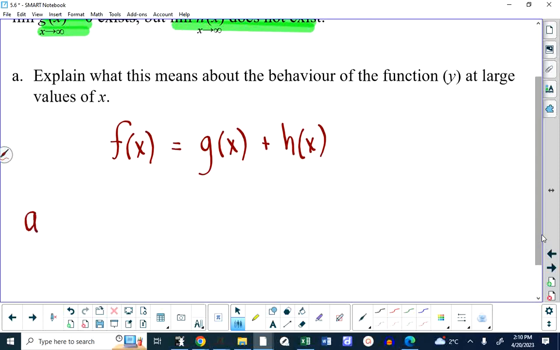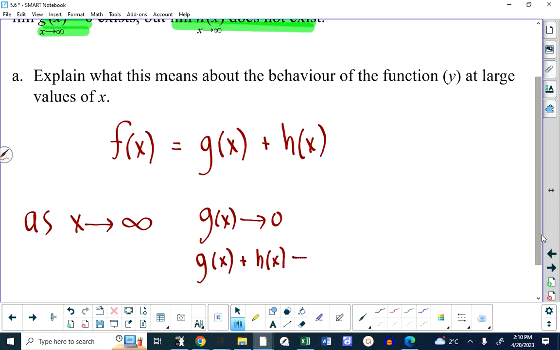I just want to say as x gets very large, g of x will approach nothing. And that means g of x plus h of x will approach h of x, because g of x is dwindling away to nothing.